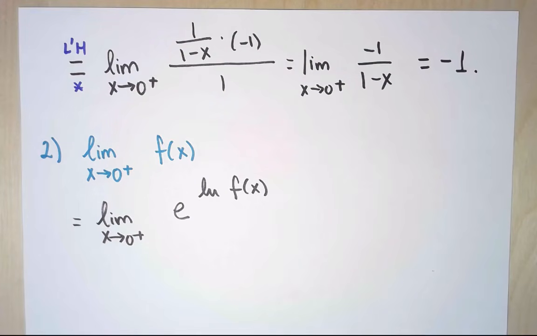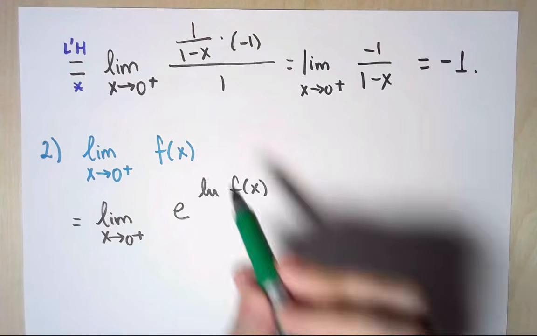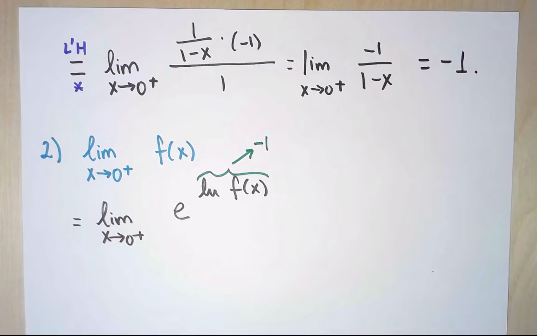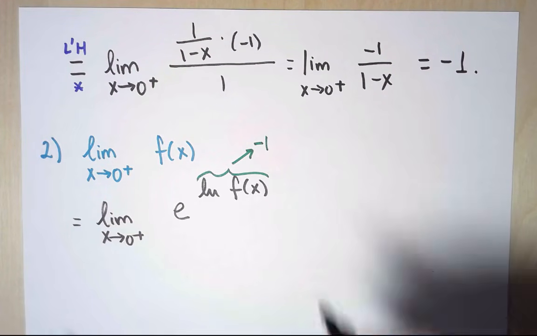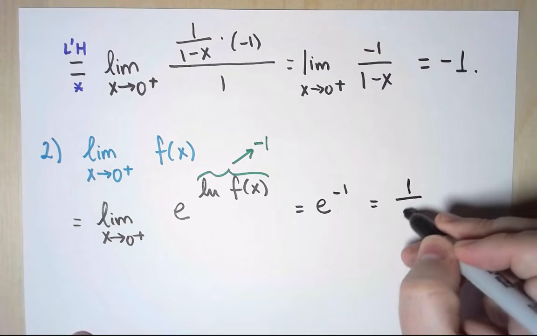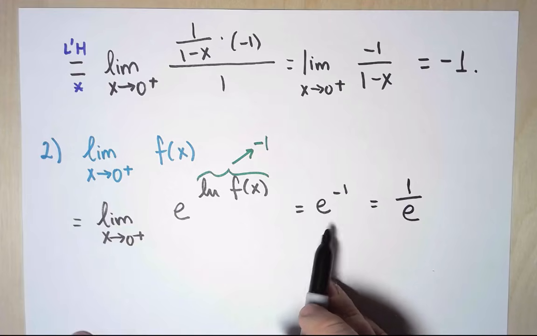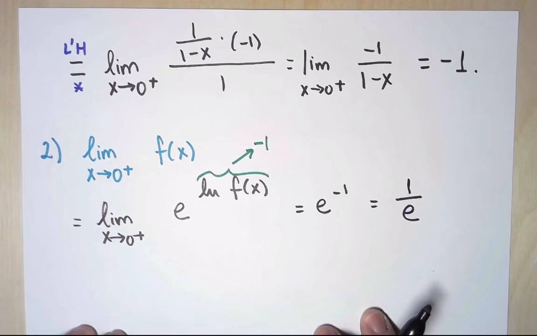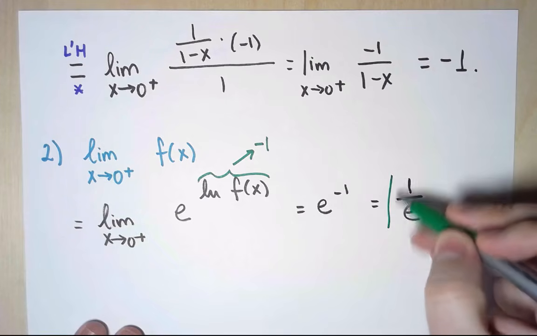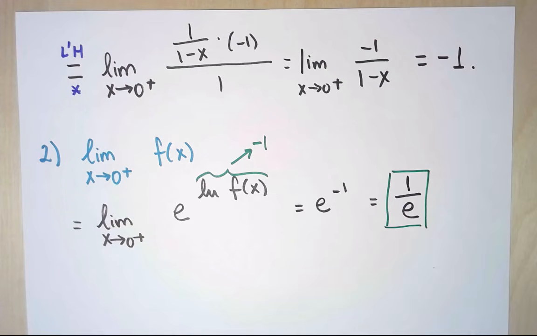And now here we have computed in the first part that this is approaching minus 1. Therefore, e raised to that power is going to be approaching e to the minus 1, or equivalently 1 over e. In order to do this, I'm using the fact that the exponential function is continuous. So that's all we needed. The original limit, the one we were looking for, is 1 divided by e.